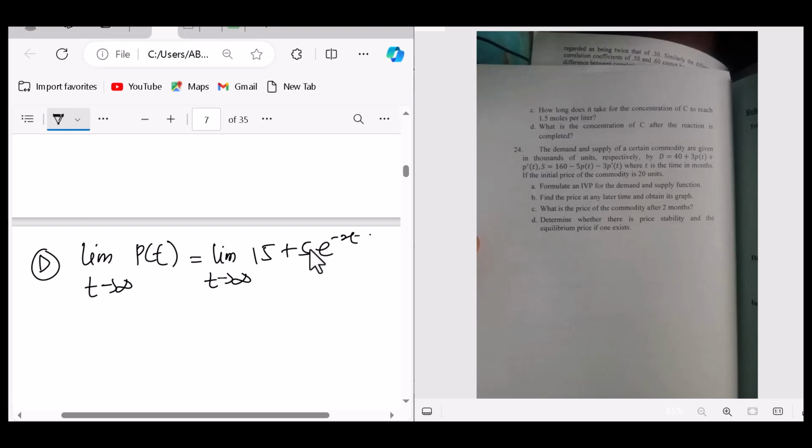As t goes to infinity, this whole exponential part will go to 0. So this implies that we have 15.